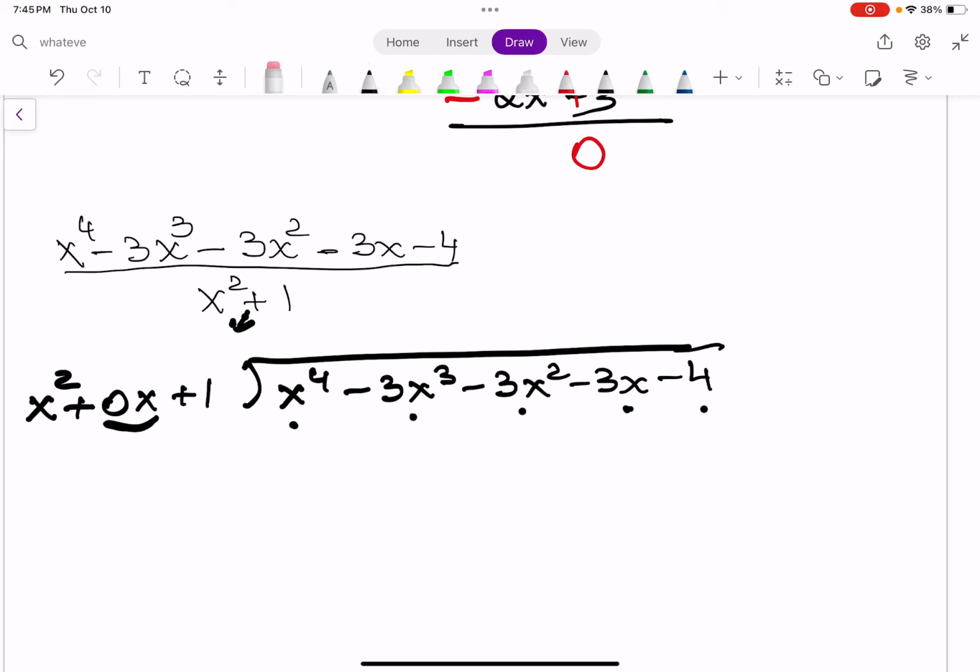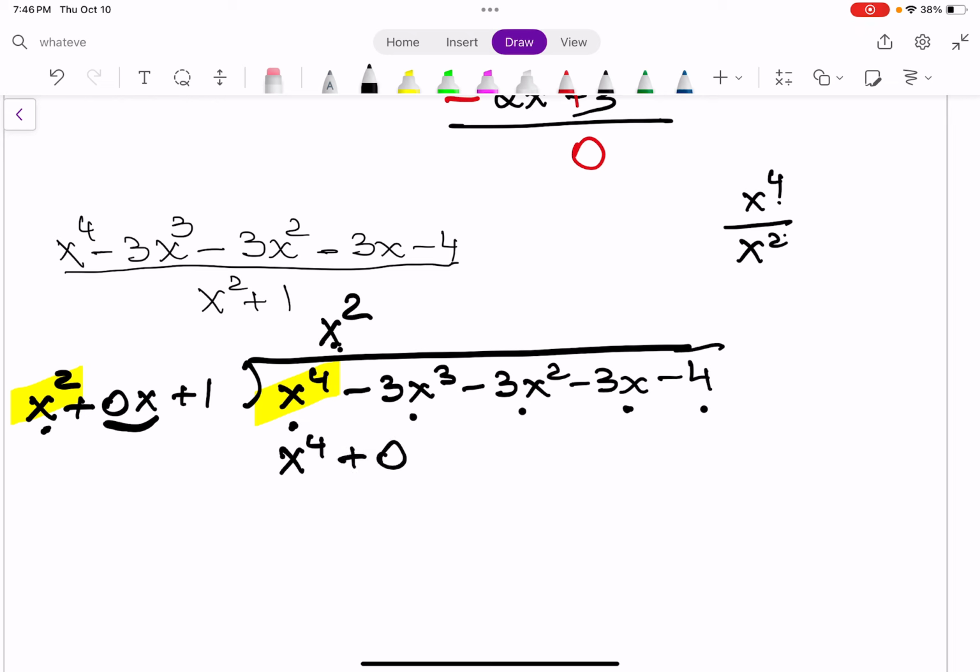Okay. So here it is. I'm guiding myself just by the first terms. So to go from x squared to x to the fourth, I need an x squared, right? 4 minus 2 is 2 more x factors I need. So x squared times x squared is x to the fourth. x squared times 0x.